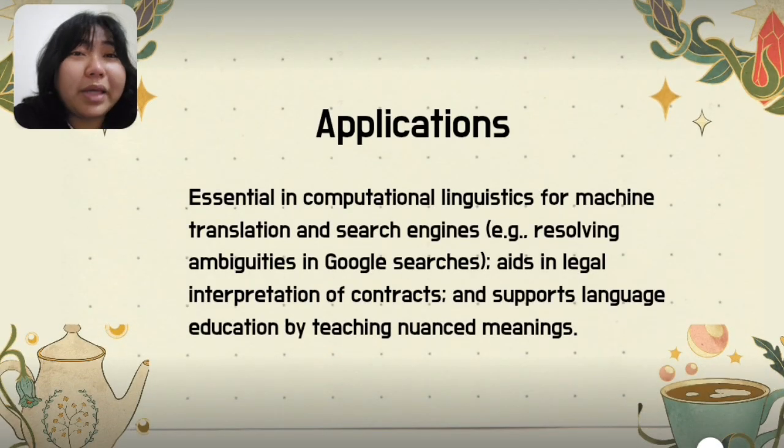And the application for semantics is that it is essential in computational linguistics for machine translation and search engines. For example, to resolve ambiguities in Google search.